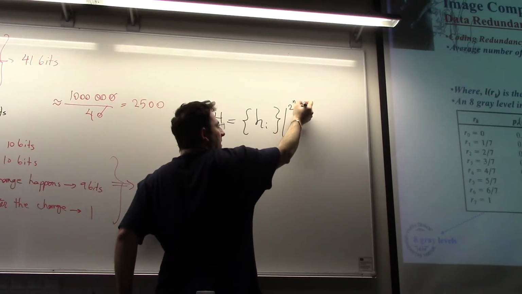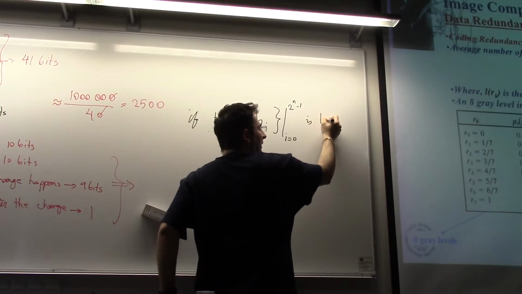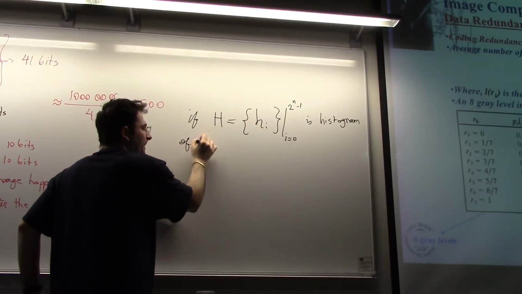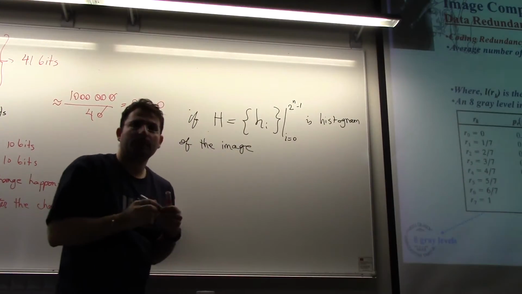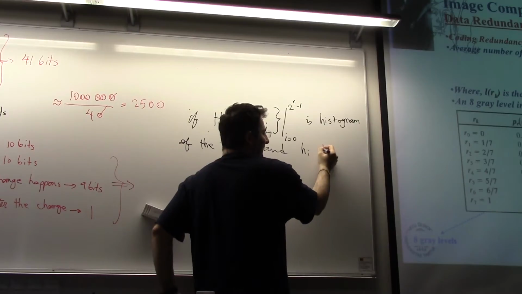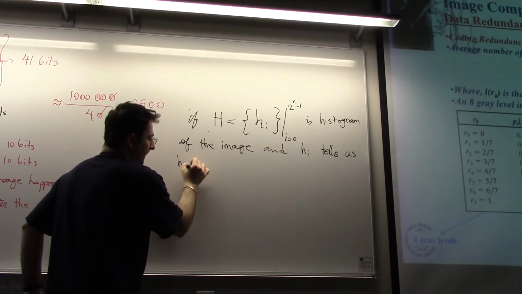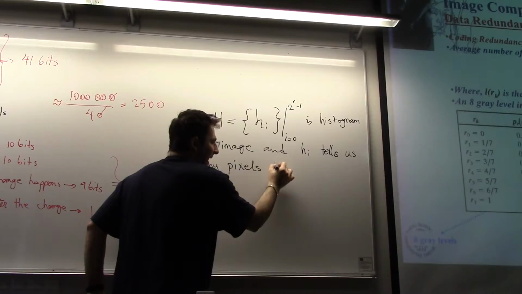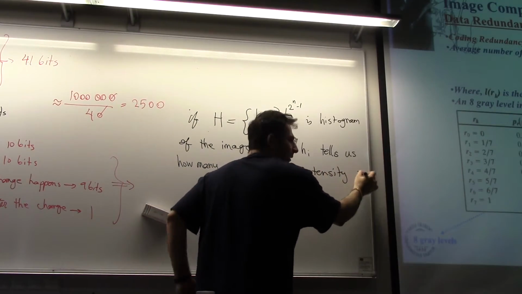Imagine if h is the histogram of the image, with i from 0 to 2 to the power n minus 1. It means that h_i tells us how many pixels have intensity i, right?